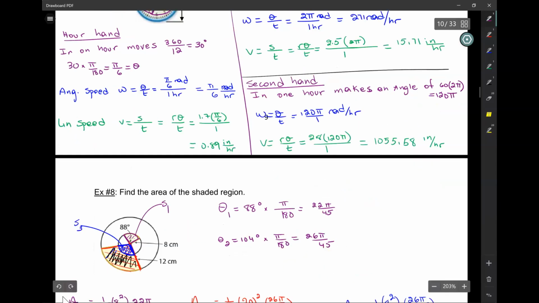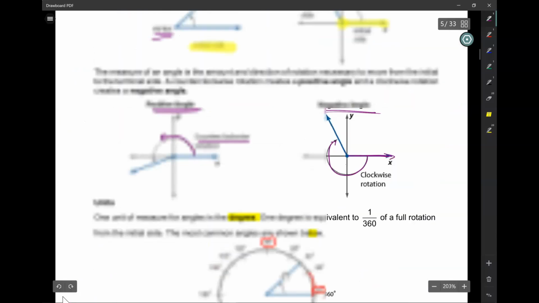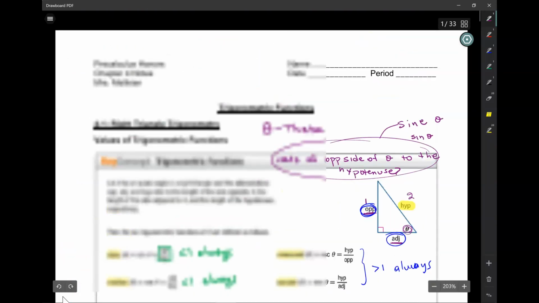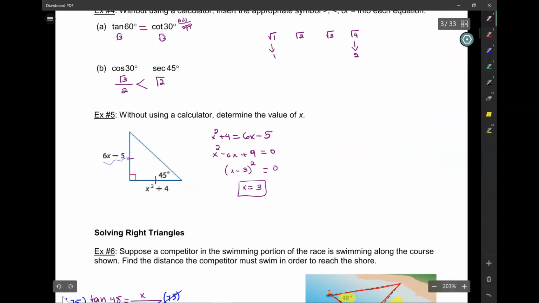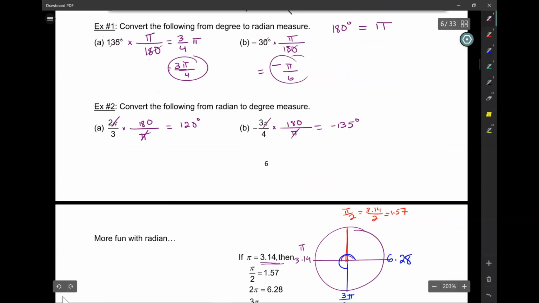And then what else do you notice here? At the very beginning on the first page, do you remember how I told you that we're always going to look at that opposite side as the vertical side for the sine and the horizontal side as the cosine, right? So it all ties back into that, okay?